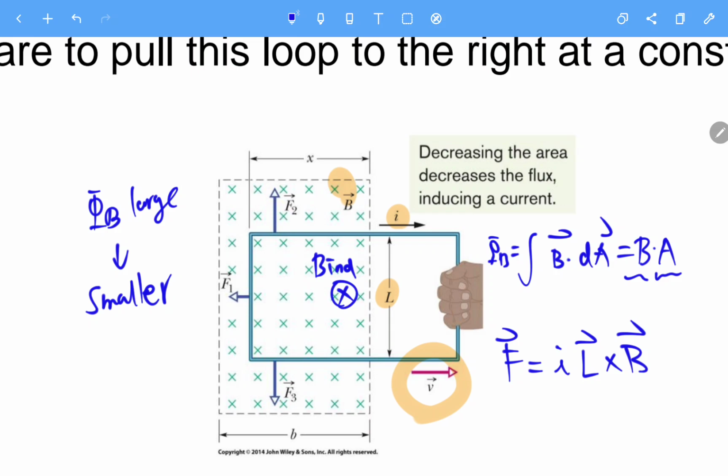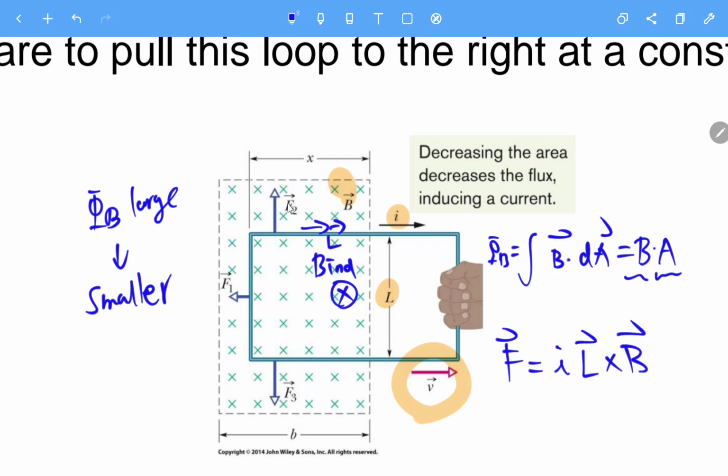Okay, L follows the direction of the I. So here you can see L is in this direction. So L cross B, L is pointing to the right side, and B is pointing into the page. So you can see F2 is pointing upward.